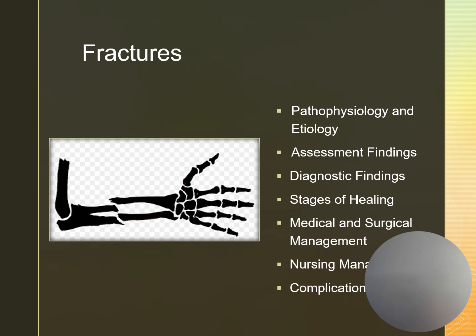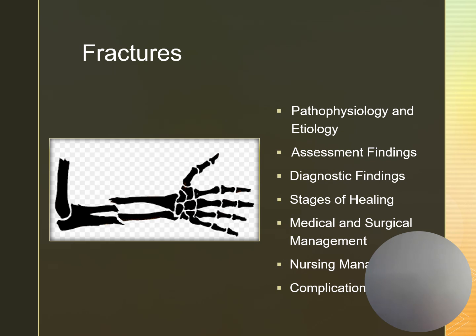Let's say, for example, an older lady has osteoporosis. So those bones are kind of porous and they're brittle. She falls on the floor on her butt and it compresses the vertebrae. So now she has that compression fracture.